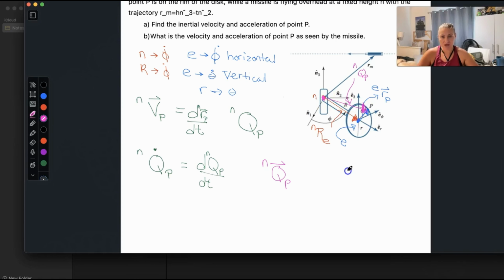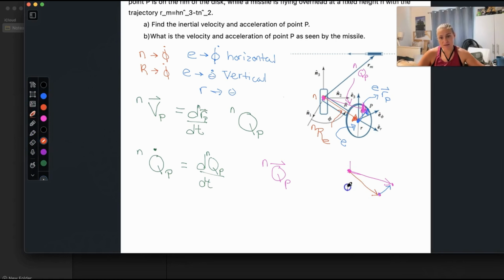If I have a point here, and this is my fixed reference frame, but I have a moving point and a moving reference frame here. This point can be viewed from my fixed reference frame, but it also can be viewed from my rotating reference frame, and my fixed reference frame can also view the rotating reference frame.